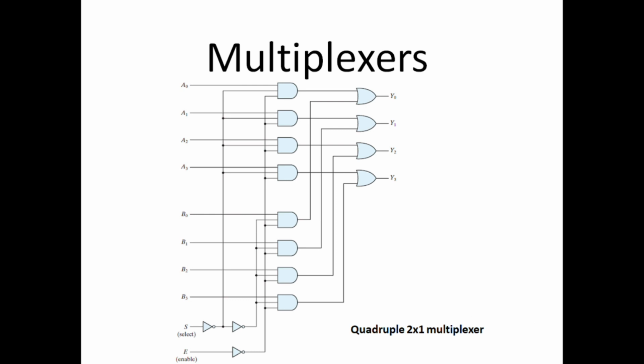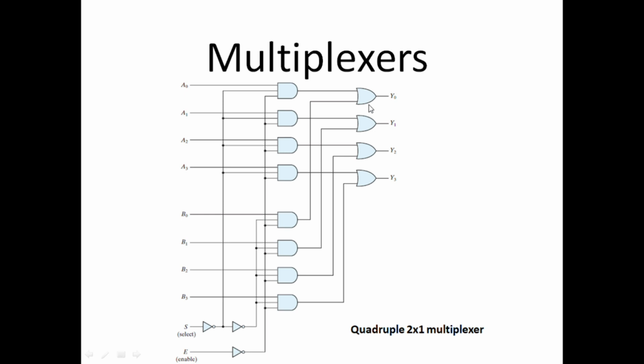Okay, similarly, we can connect an enable line with the multiplexer, just like we have seen an enable line with the decoders. In this example, we have a multiplexer where we have a group of 4 AND gates in the upper part and a group of 4 AND gates in the lower part, and we have a group of OR gates.